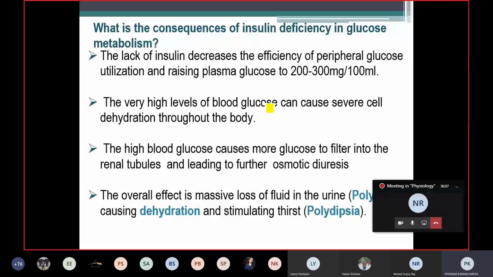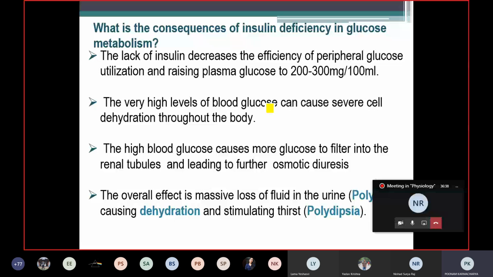And also because of continuous loss of water from the body, the person will have dehydration, and as the person gets dehydrated, it will stimulate the thirst center present in the hypothalamus, and the person will drink more water, which is called polydipsia. So polyuria, dehydration, polydipsia are seen because of insulin deficiency and its effect on glucose metabolism.